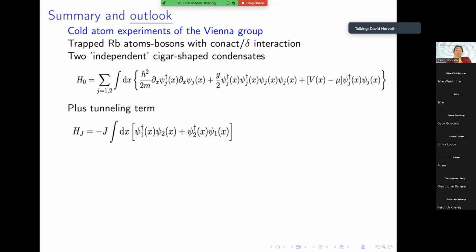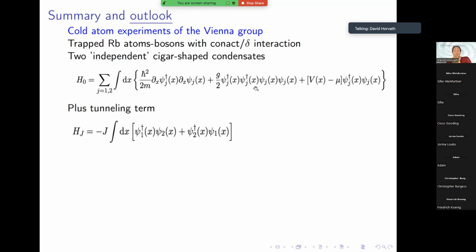So your theory is essentially one-dimensional. Inside the condensate, which is a quasi-Bose-Einstein condensate, you can model the short-range interaction of these rubidium atom gases as a contact interaction. So at the end of the day, what you get is a Lieb-Liniger model with an external trapping potential.